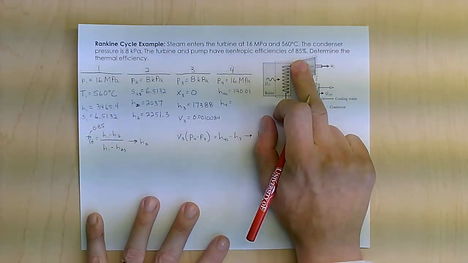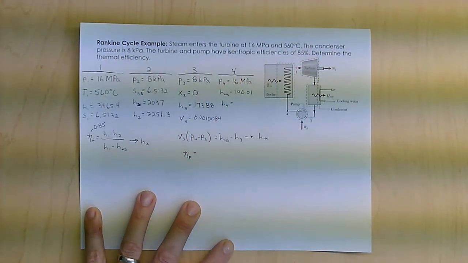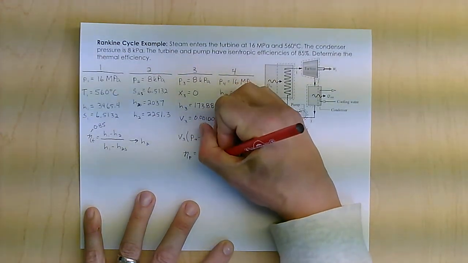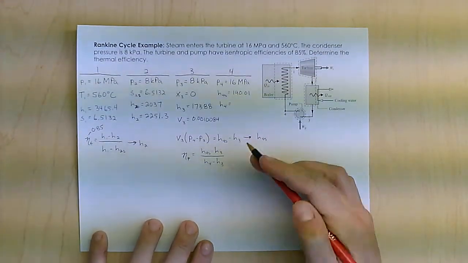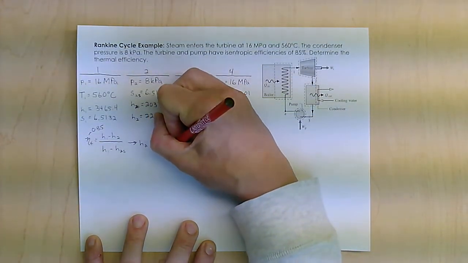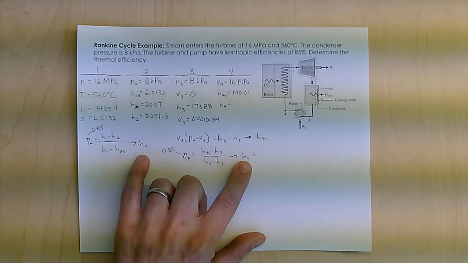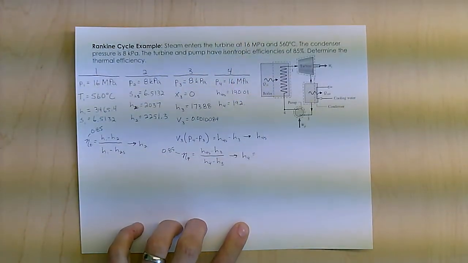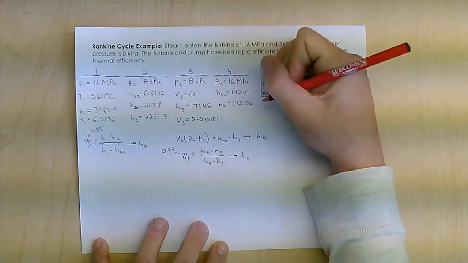I'm at 85% of that. So I'm going to use my pump efficiency equation, which is H4s minus H3 all over the actual H4 minus H3, idealized over the actual. From this I can calculate H4, because my pump efficiency is 85%. I find H4 is 192.86. And there I have set all of my states.